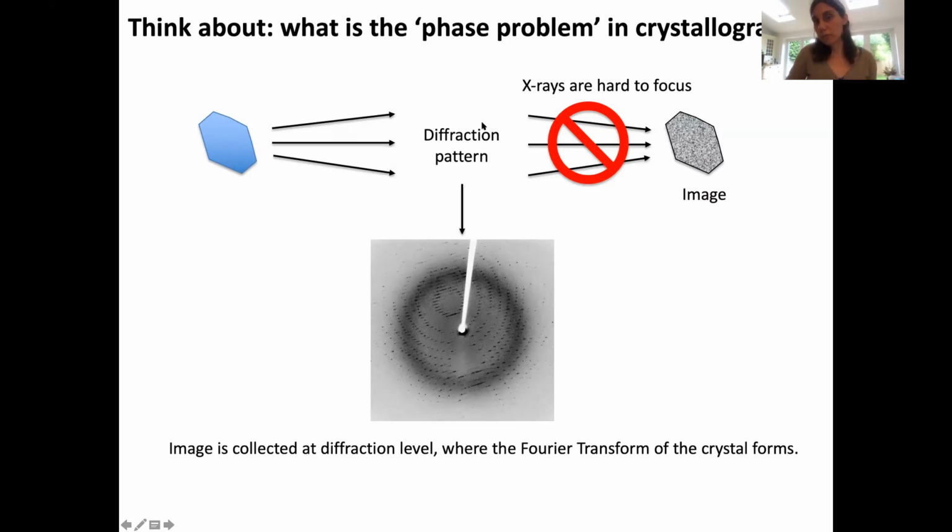I've told you already what the diffraction pattern is. But from then on, in microscopy, we focus diffracted rays with lenses to obtain an image. Whereas in X-ray crystallography, we take an image at the level of the diffraction pattern, which is where the Fourier transform of our object forms. So why do we have a phase problem? Try and think about that.